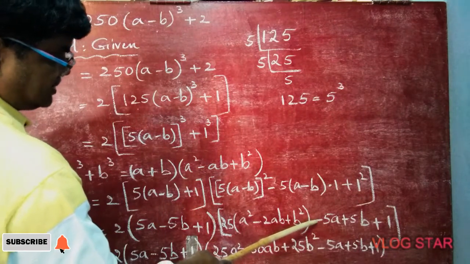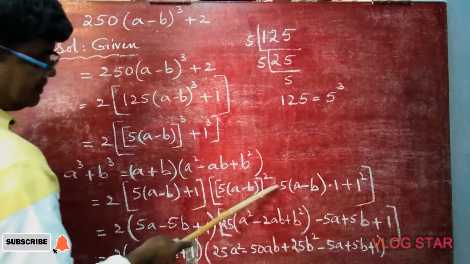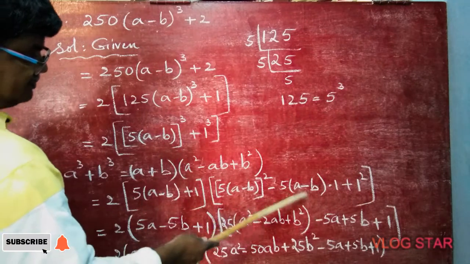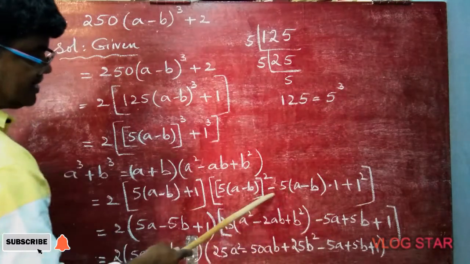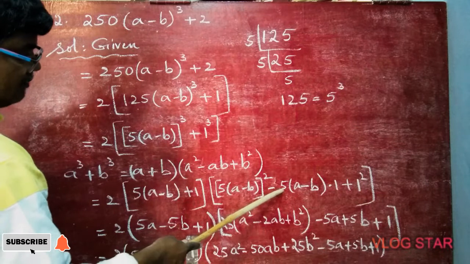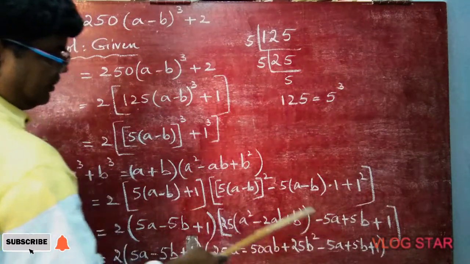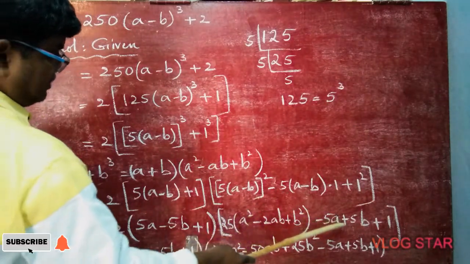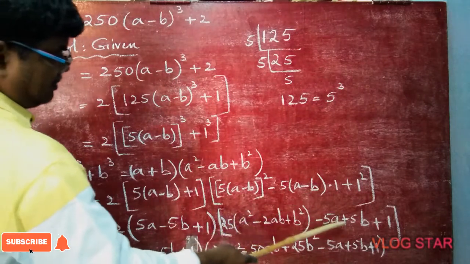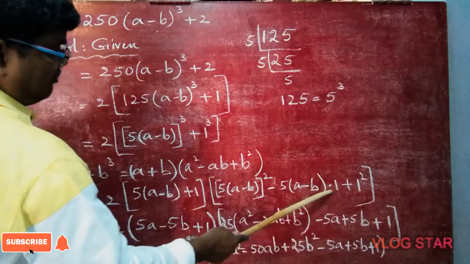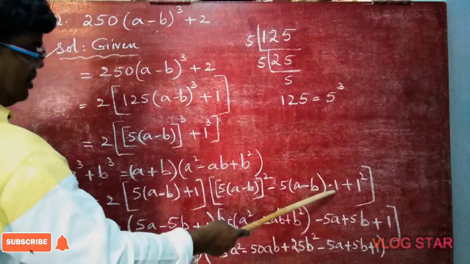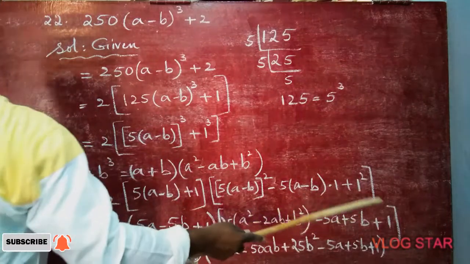Then second term starts. Now we are multiplying with minus 5. Minus 5a, because plus into minus, 5 into a, 5a. So minus 5a, minus into minus plus 5b. So plus 5b. Into 1, if you multiply, again the same thing comes. So before only you multiplied.